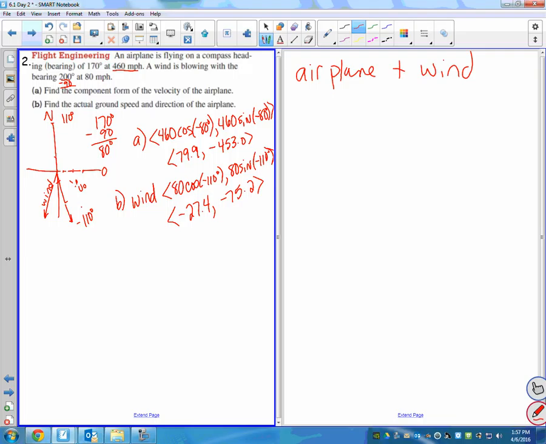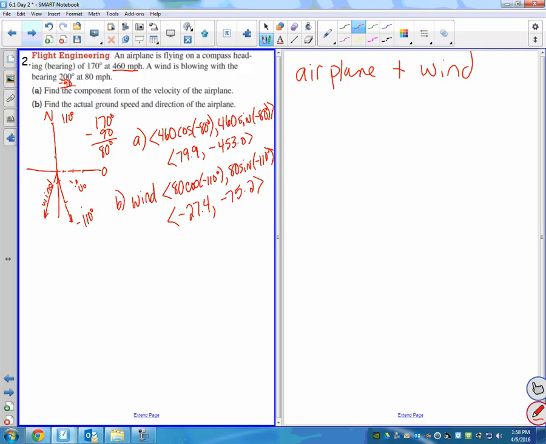Could you just change the degrees the other way? It's going 200 degrees. I don't know, I'll admit. Bearings and vectors are not our specialty, so I don't want to say something that's not correct because I don't really know.